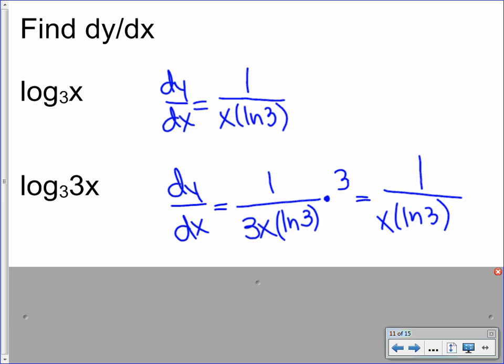So 3 over 3x times natural log 3. Carter, what's your question? I was wondering where you got the 3. Since inside we have 3x, we have to do the chain rule. Is that good?